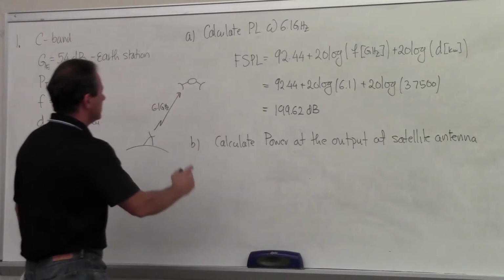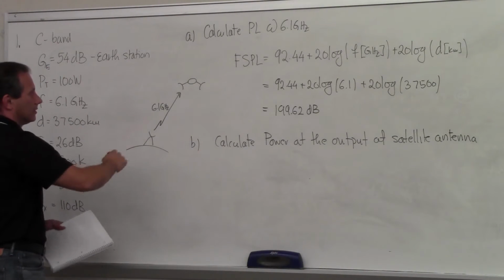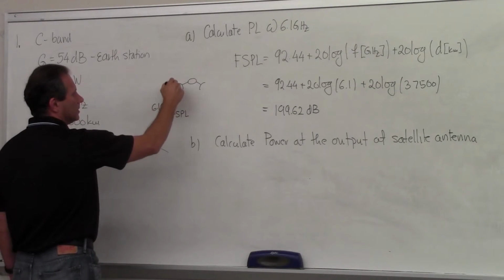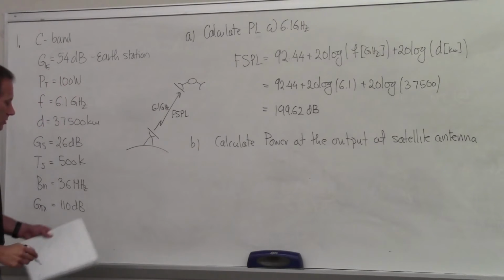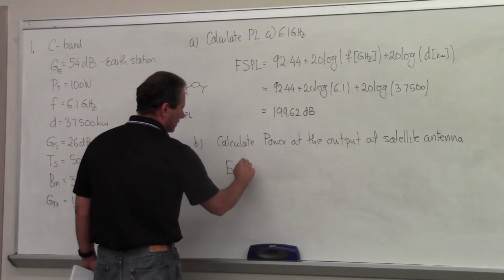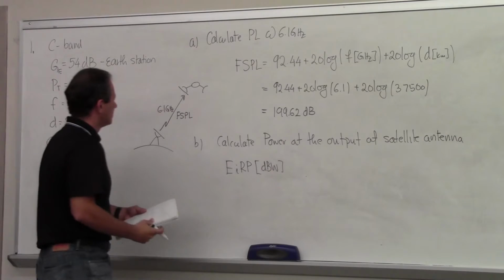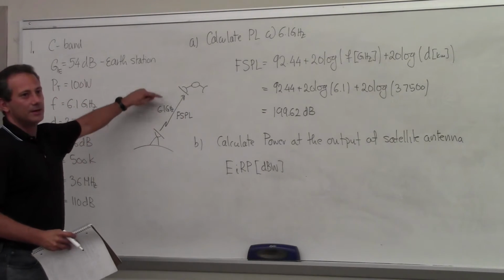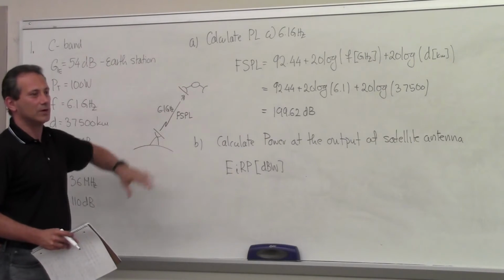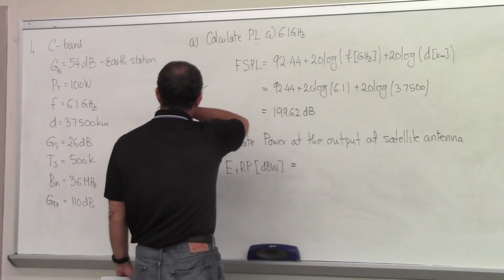That's why these figures are always helpful, because you can see what we calculated: the free space path loss from this point to this point. You can do this many different ways, but this is my training: I always calculate the EIRP first, then the free space path loss, then look at the sensitivity and where the reference point is at the receiver.